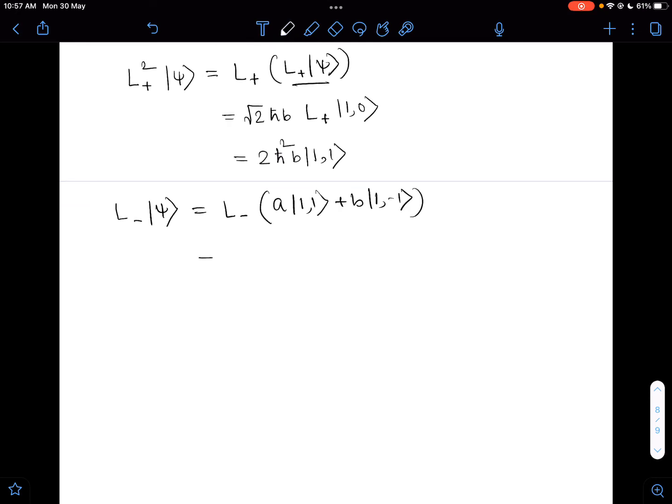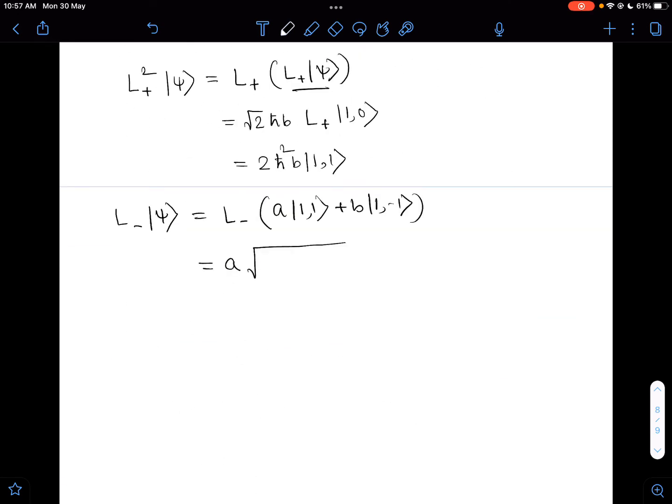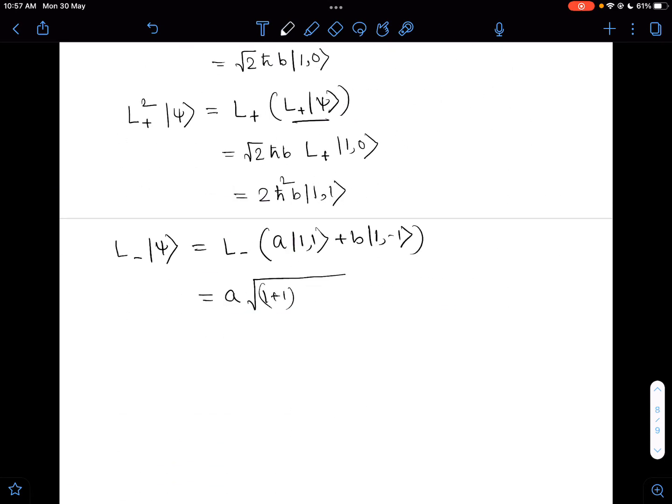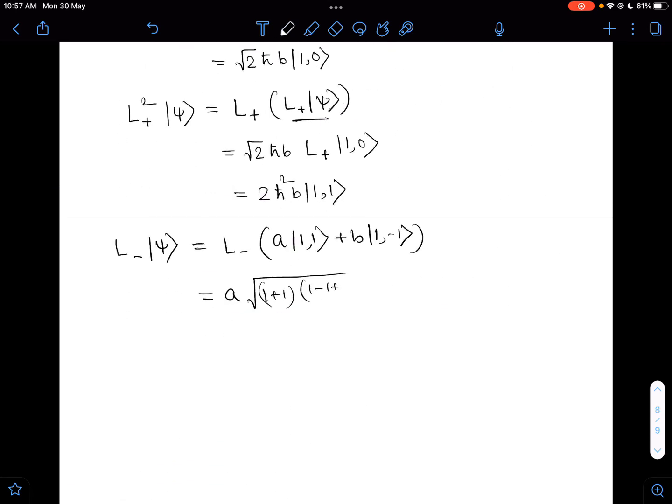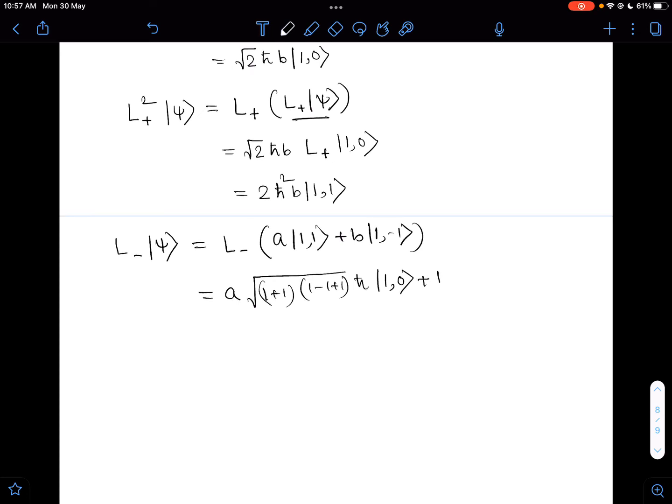If we act with L minus, we will get root under (1 plus 1) with h cut, giving |1,0>, plus B times root under (1 minus 1)(1 plus 1 plus 1) h cut.